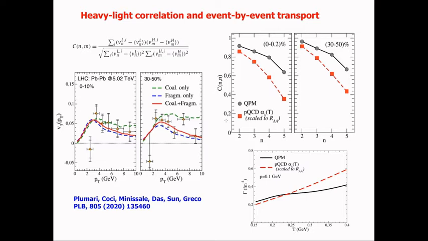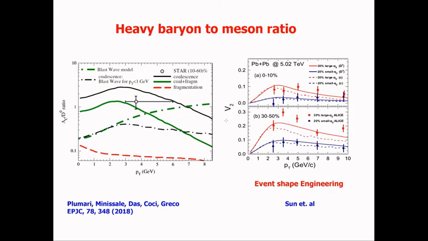But we tune our model in such a way that in both models we are able to reproduce the same R_AA. The most important point is that, as we can see here, this correlation coefficient is very sensitive to the temperature dependence of the transport coefficient. So we believe this is a novel way to further constrain the heavy quark transport coefficients, going beyond the R_AA and v2 dynamics.